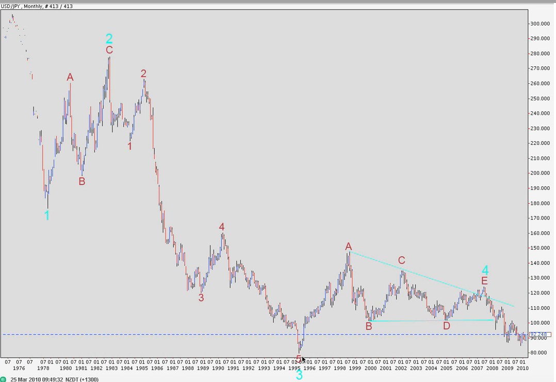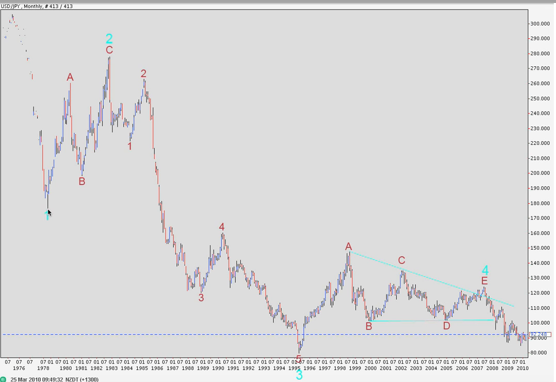Now if cycle degree wave 3 began back here in November 1982 at 277.769 and ended down here in April 1995 at 79.8, it's 197.969 long.